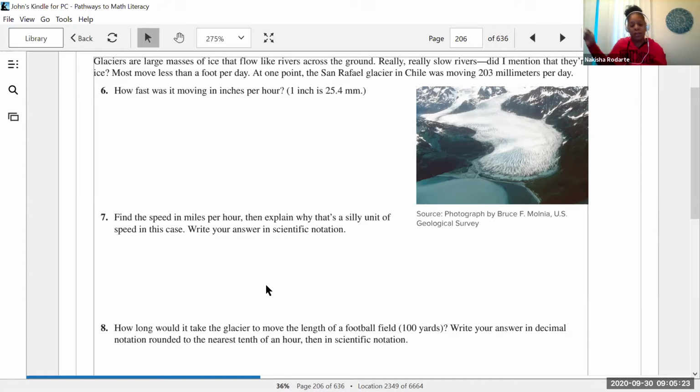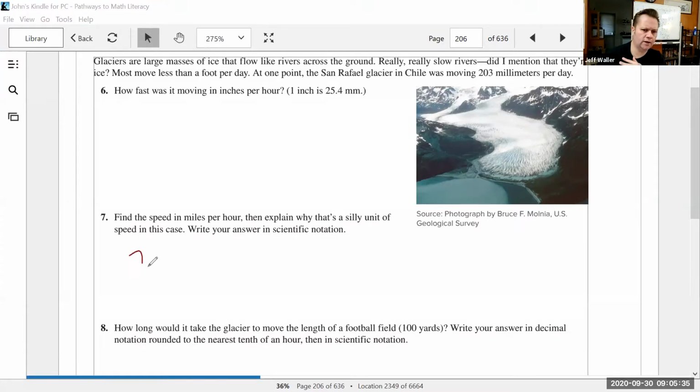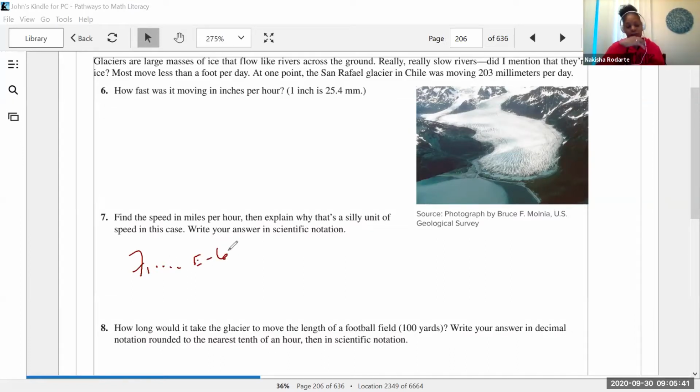So if I got 7.53218 minus 6, would I just write the 7 point whatever times? Let me catch up to you. When you did it in the calculator, you got 7 point blah blah blah E negative 6. Correct. So that's already scientific notation.